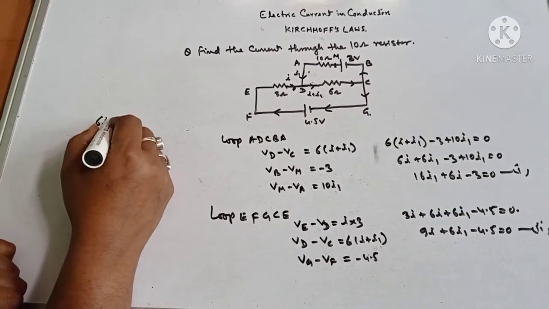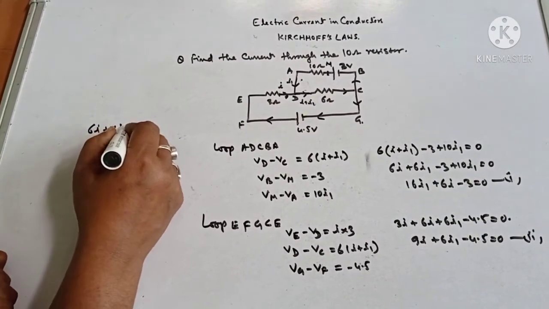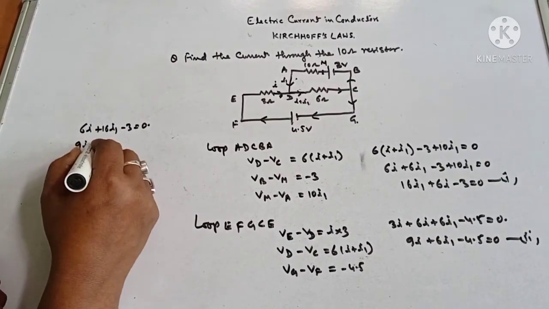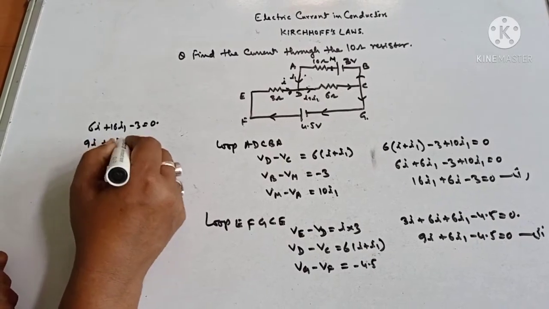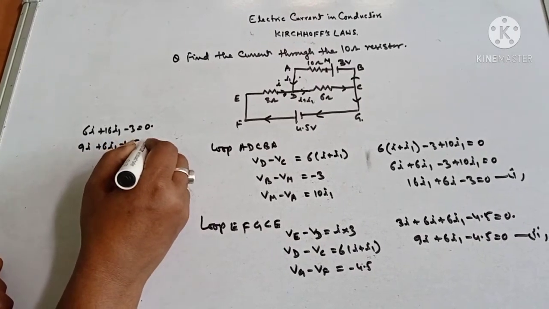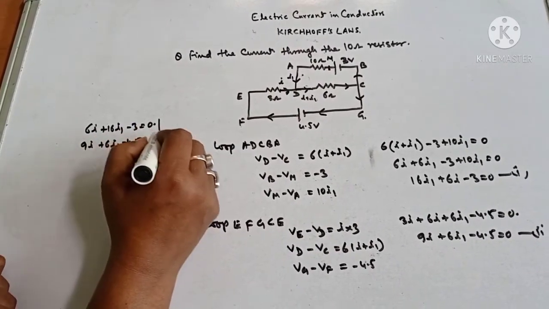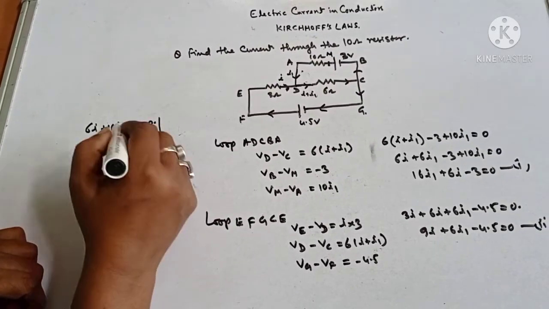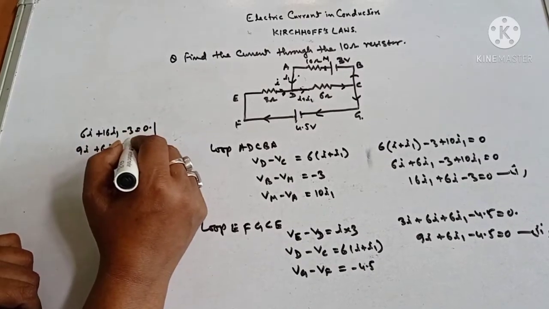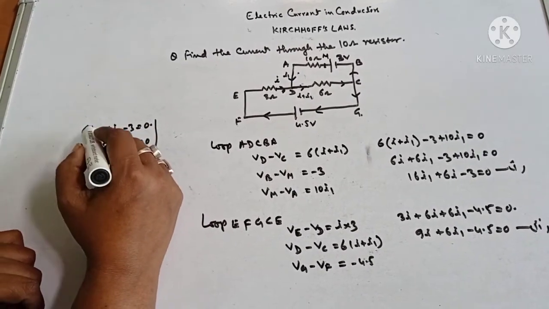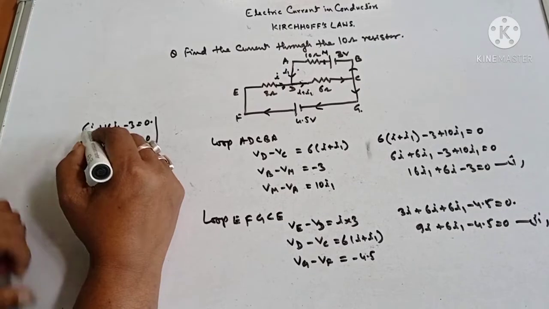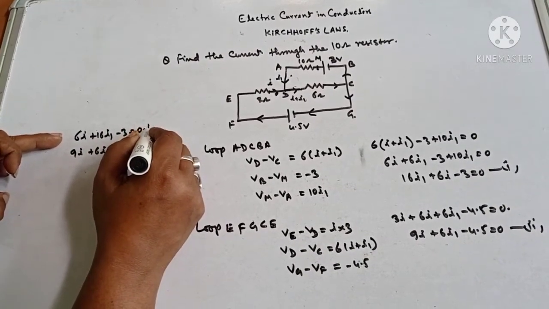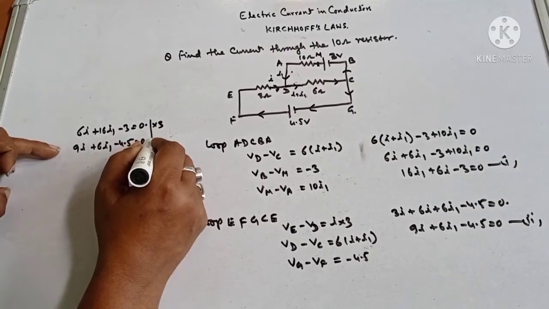Now from 1 and 2: 6I plus 16I1 minus 3 equal to 0, and 9I plus 6I1 minus 4.5 equal to 0. To eliminate I, I am going to multiply the first by 3 and the second by 2. 3 sixes are 18, 2 nines are 18.